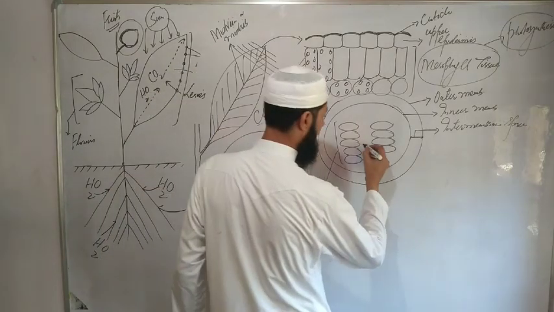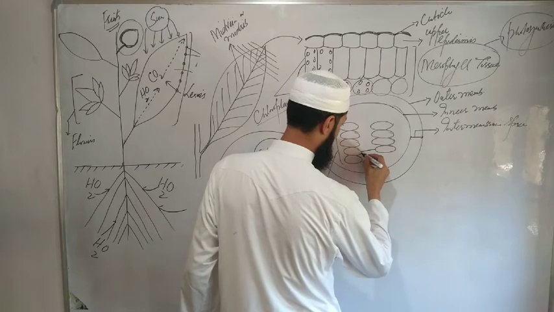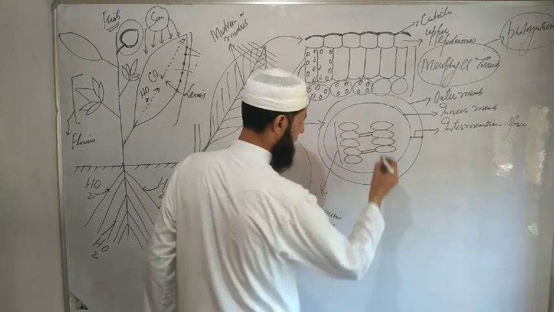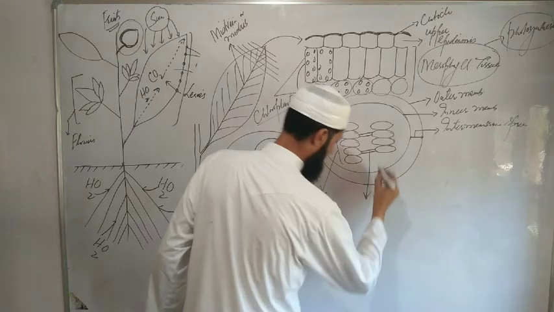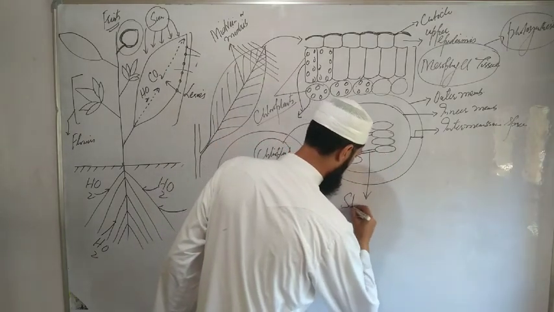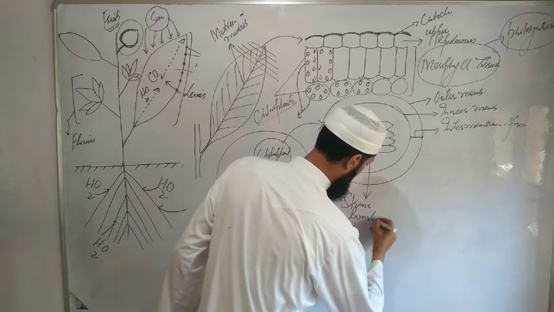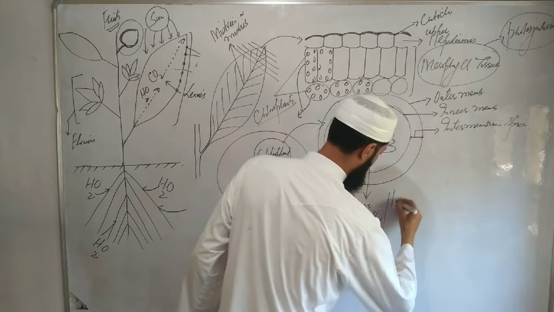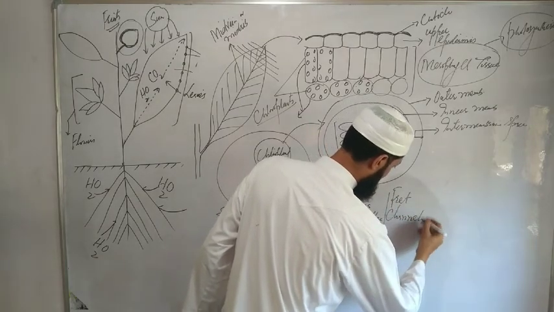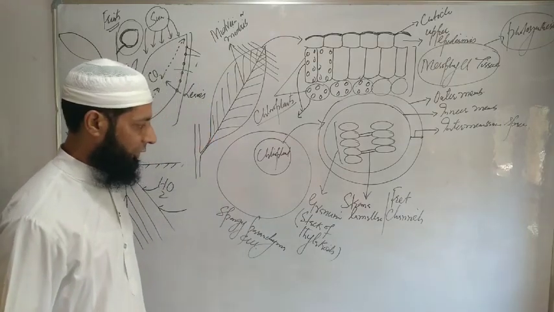And these grana are interconnected by structures called stroma lamellae, or some people also call them thread channels.